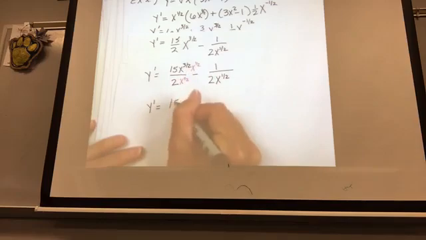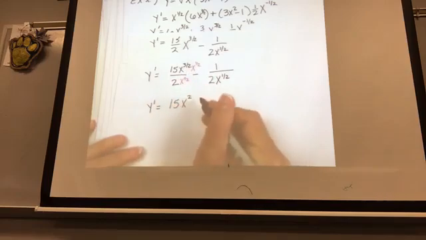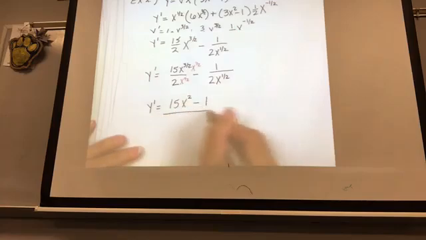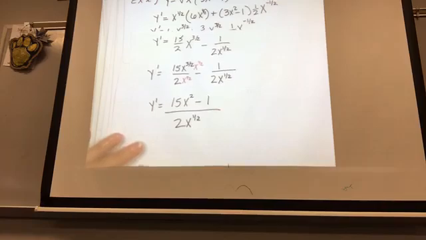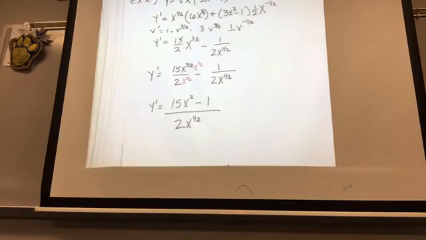So 15x squared minus 1 over 2 x to the 1 half would also be an answer to this one. So we'll work on those fractions in our algebra.